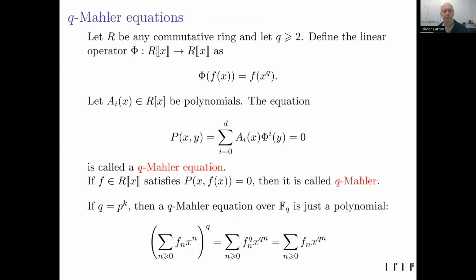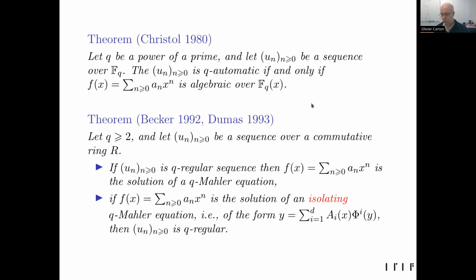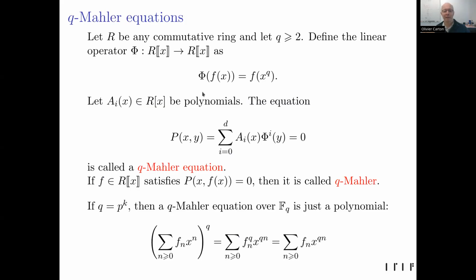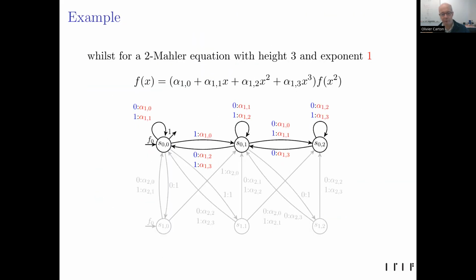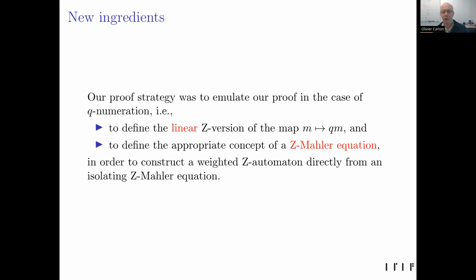So we had this operator phi, which replaced x by x to the q. And actually, we will do something similar, but a bit different. We have to replace the map which maps m to qm, so replacing x to the m by x to the qm, and to define the appropriate notion of Z-Mahler equation.